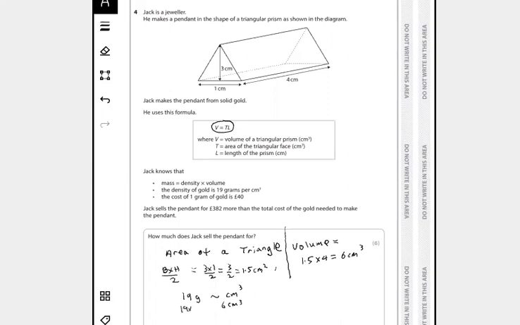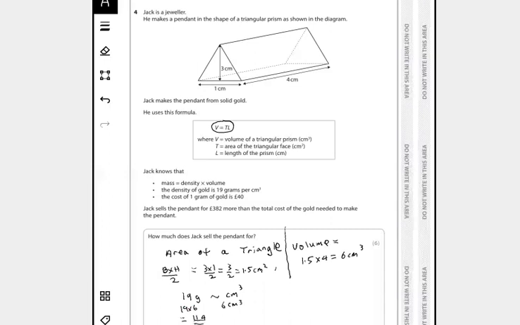So that is 19 times 6. 9 times 6 is 54, 1 times 6 is 6, plus 5 is 11. So the answer would be 114 grams. That would be the second part.